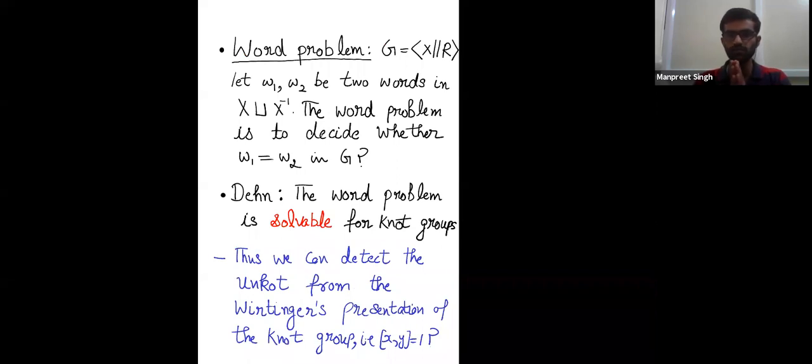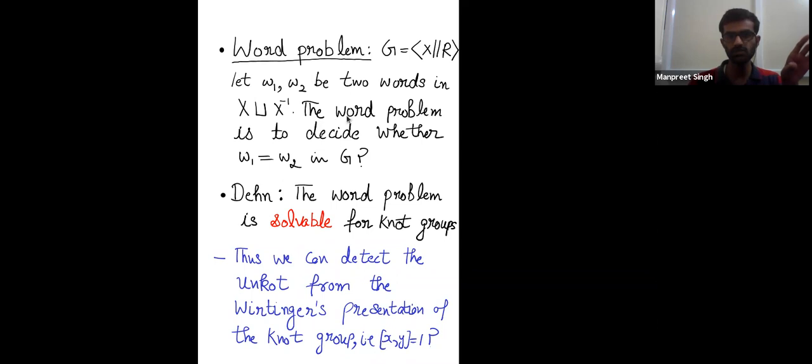Suppose we have a group G defined in terms of a presentation with generators X and relations R. X is a set of generators and R is a set of relations. We take two words written in terms of X disjoint union X inverse, where X inverse means a set of formal inverses.